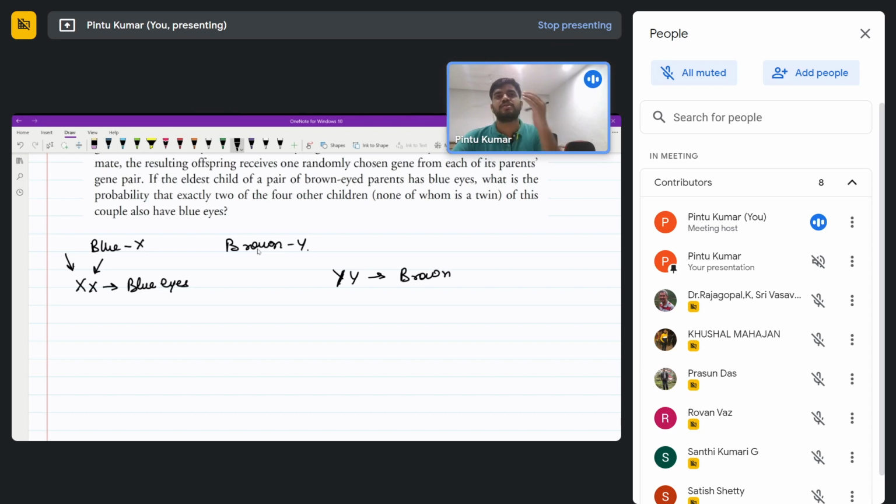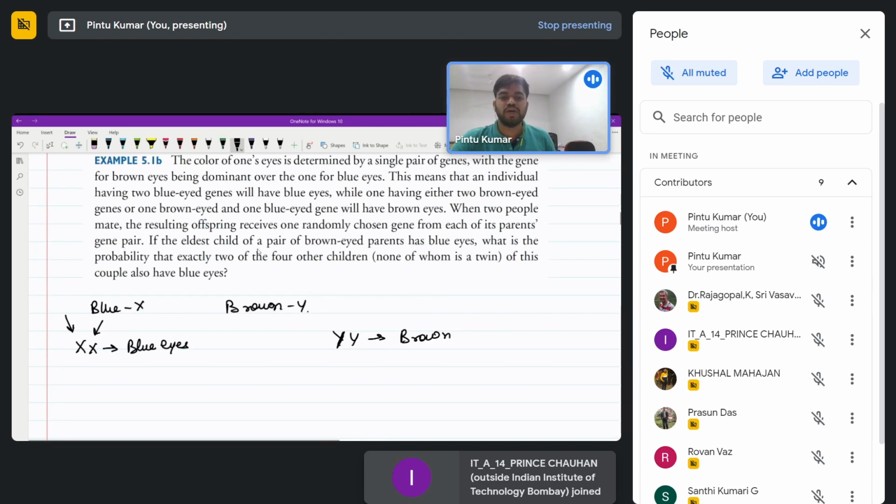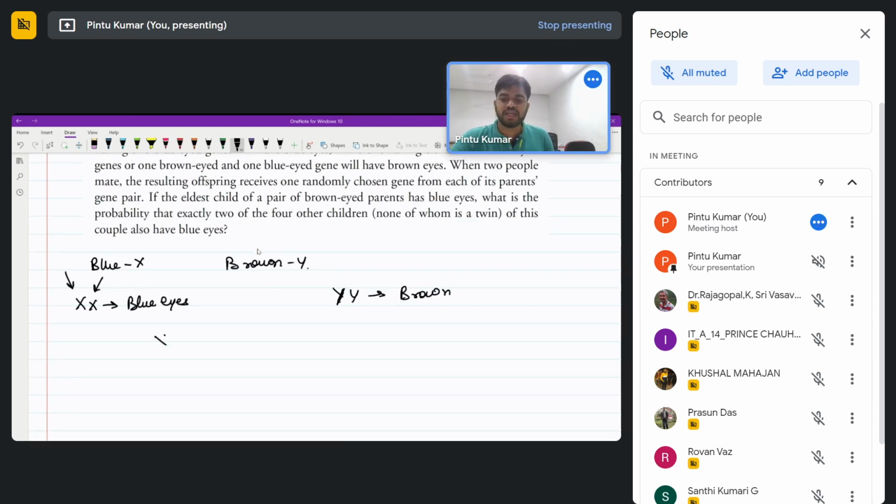Now among the genes, one of them is a dominant gene. Here they have given that brown eyes is a dominant gene. So if somebody has XY or YX, even though X is present, you won't have blue eyes, the person will have brown eyes only.